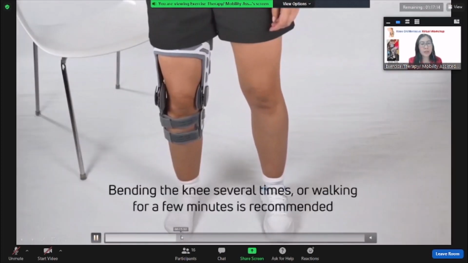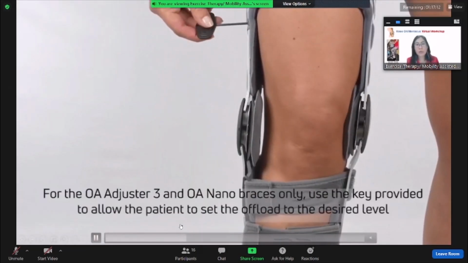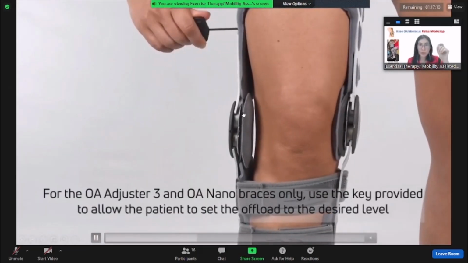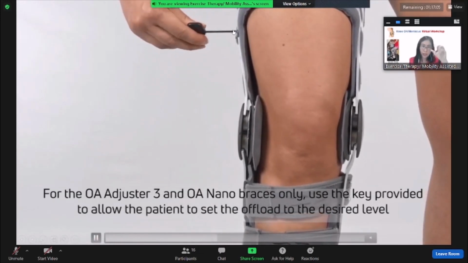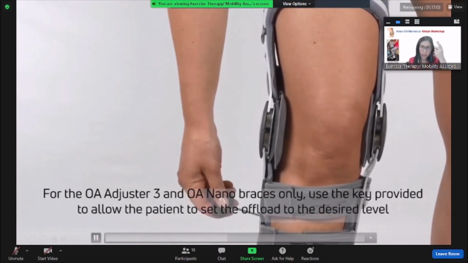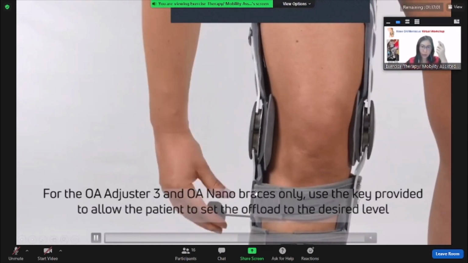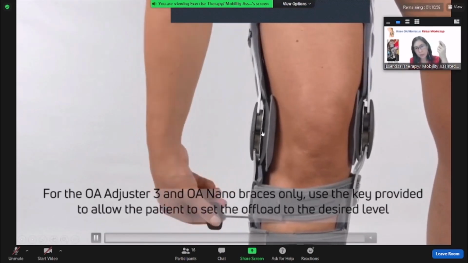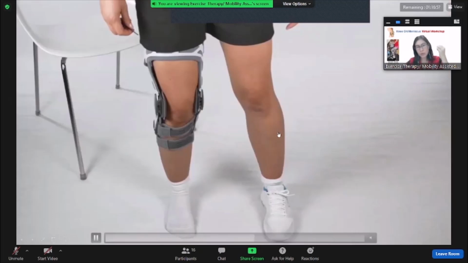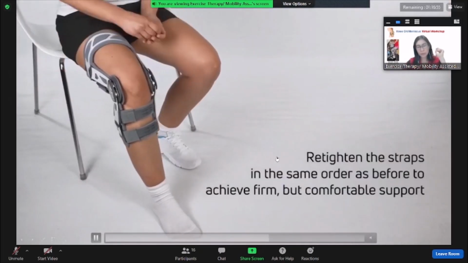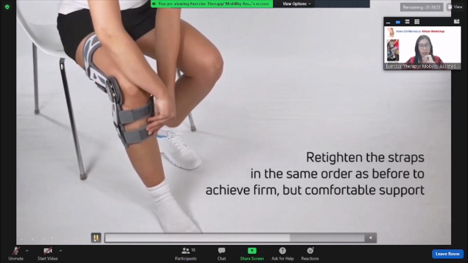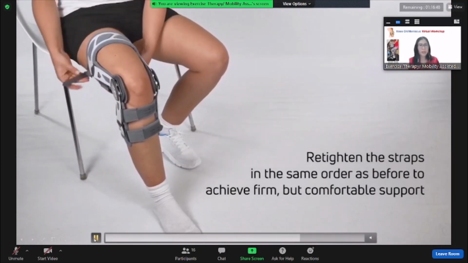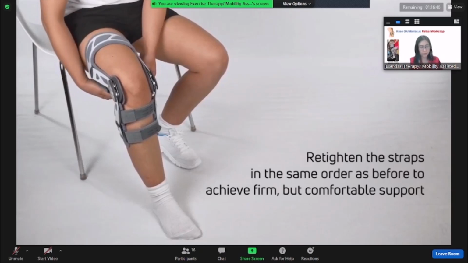You get the patient to stand, okay, to offload the brace. So you dial in by using the Allen key, turning clockwise at the thigh cuff and also the calf cuff, and you can see the condyle actually moving inwards towards the lateral side of the femur. Okay, and then after that, get the patient to walk again and make sure that the brace does not slip off.